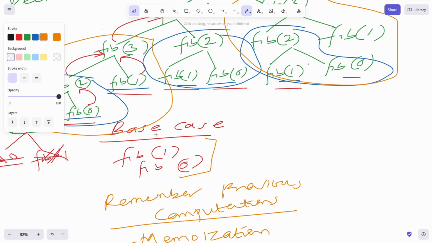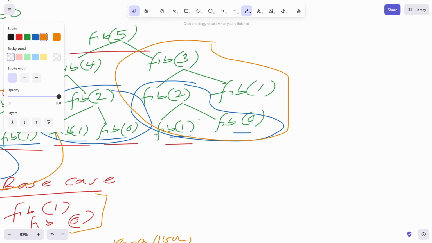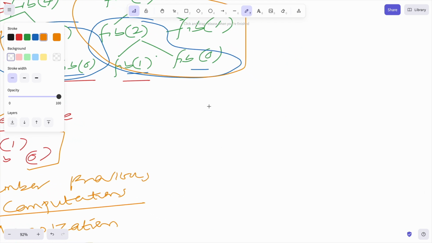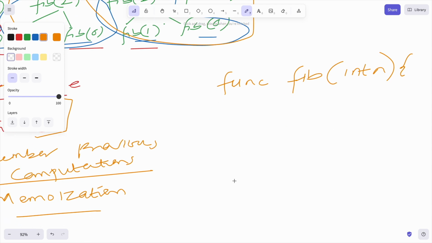So let's see what the pseudocode will look like in solving for this problem. Let's hypothetically say that we have a function called Fibonacci, and this function takes in an integer parameter. Here's what is going to happen inside this function.